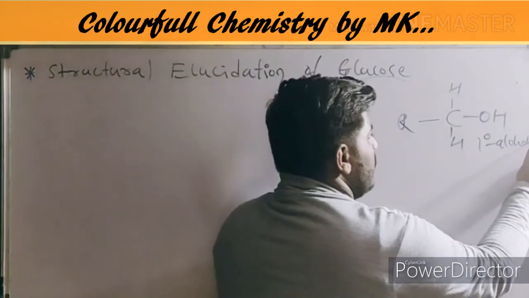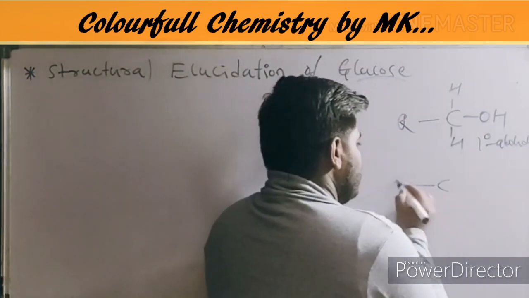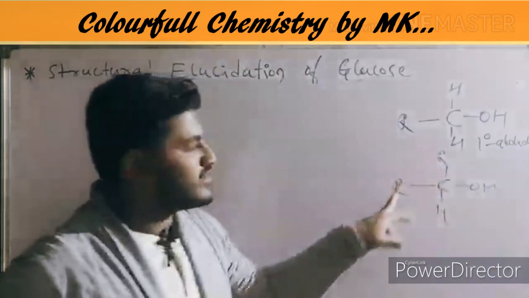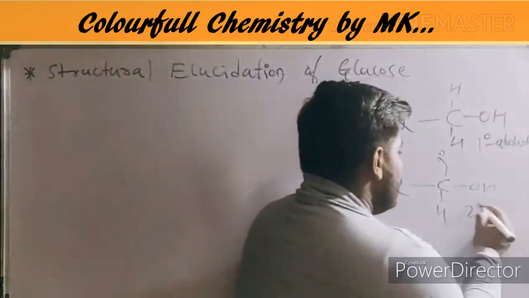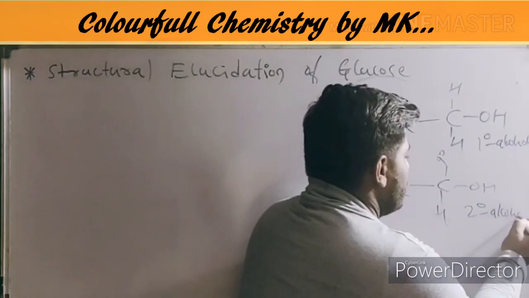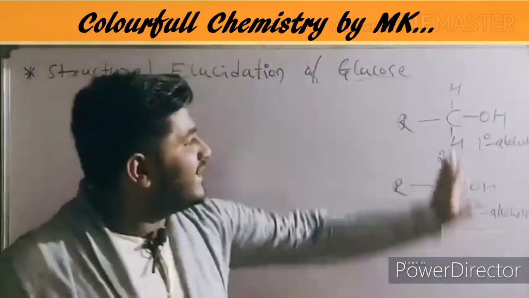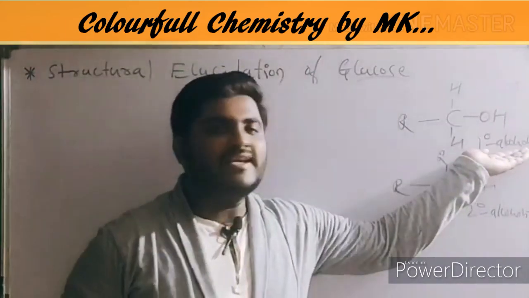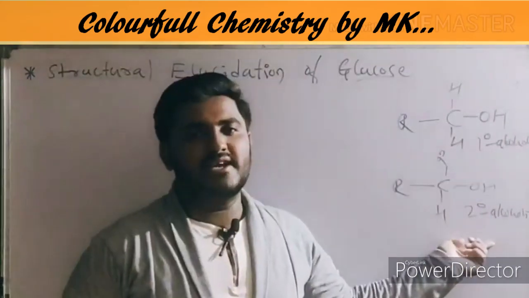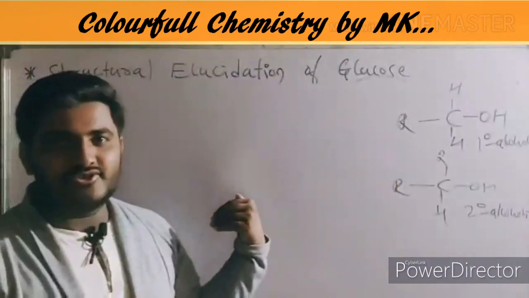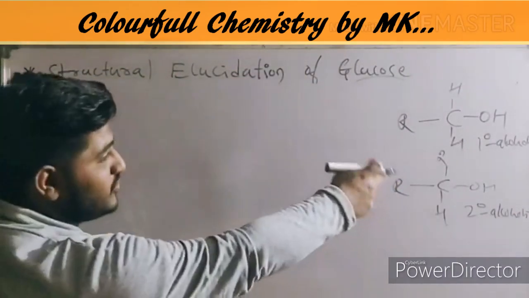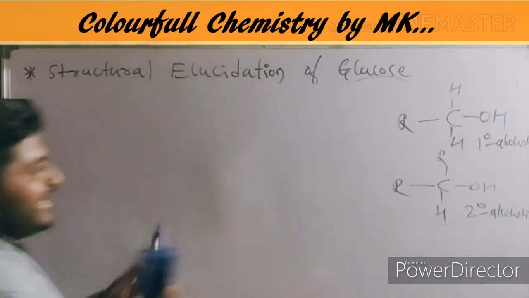If there are two substituents, look here, then that OH is a secondary alcoholic or secondary OH group. Are you getting it, guys? To know whether primary or secondary alcoholic groups are present, we should follow the next reactions of glucose. I hope you understood what primary and secondary alcoholic groups are.